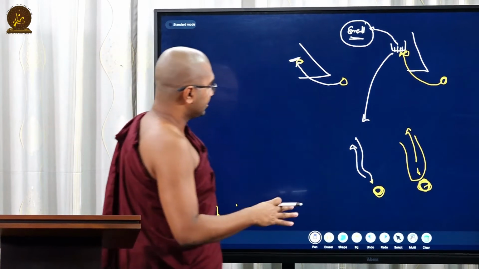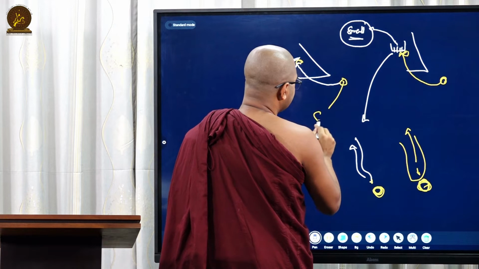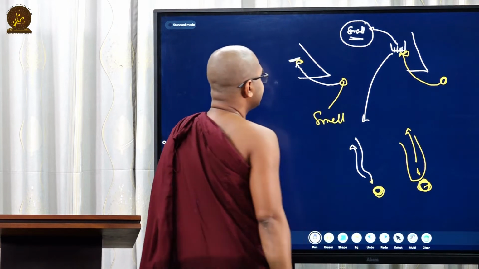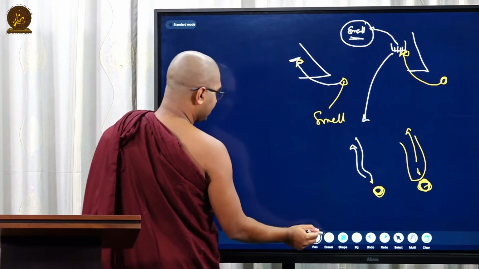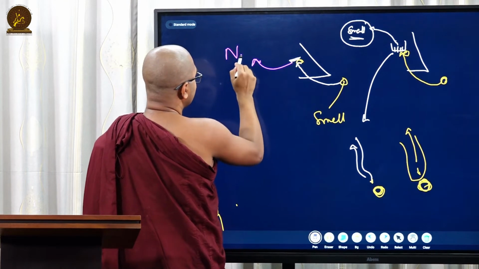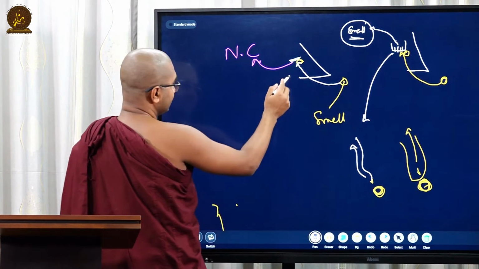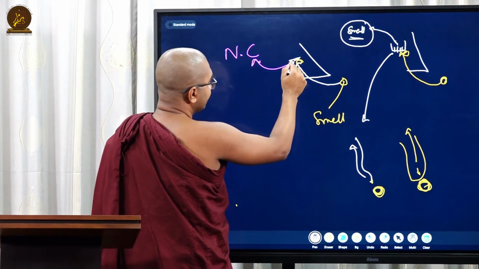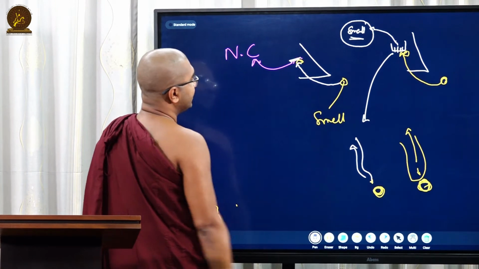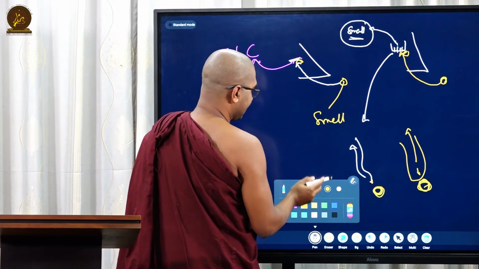But according to Theravadians, the smell is an inbuilt quality of this particle. And the nose consciousness, NC, right? Nose consciousness feels this. It becomes sensitive to this smell which is found here in the object.